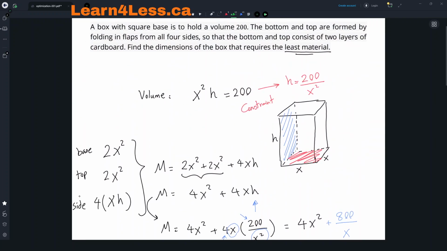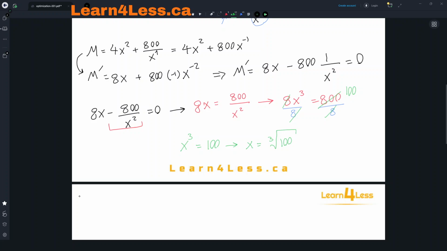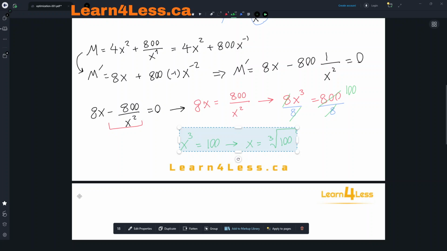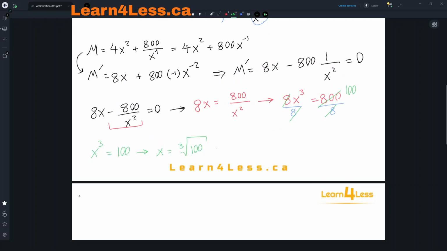And let's see what we are asked. Find the dimensions. So we need the dimensions, which means length, width, and the height. Because the base is a square, the length and the width of the base are the same, both of them are the third root of 100. How about the height?